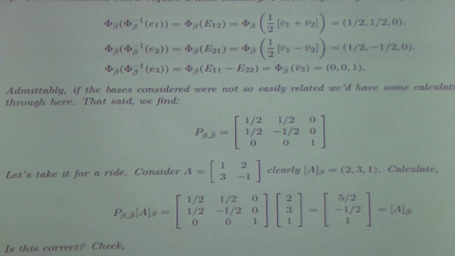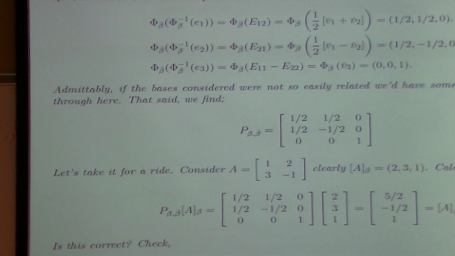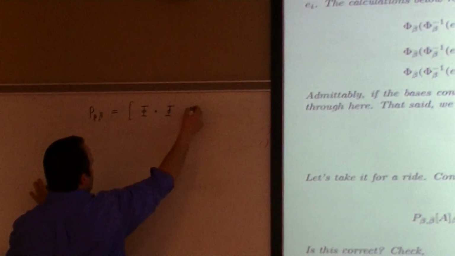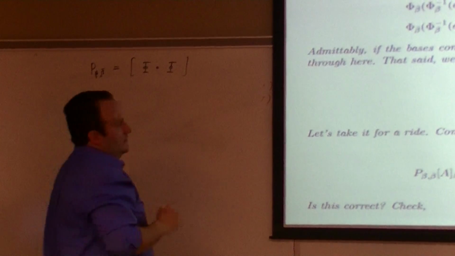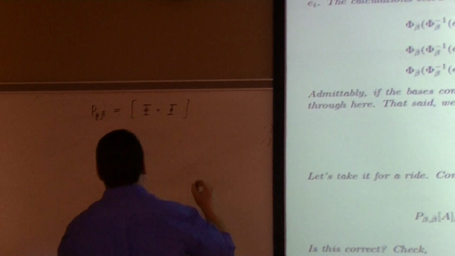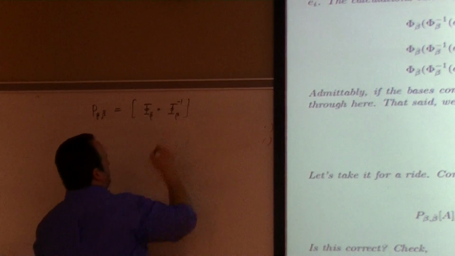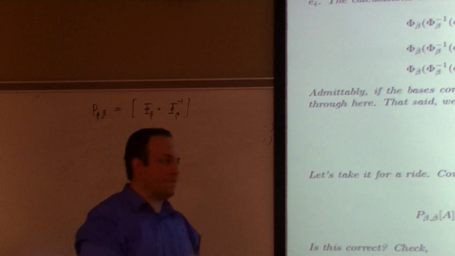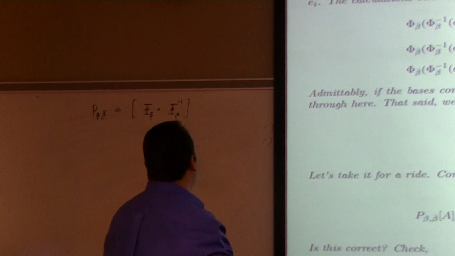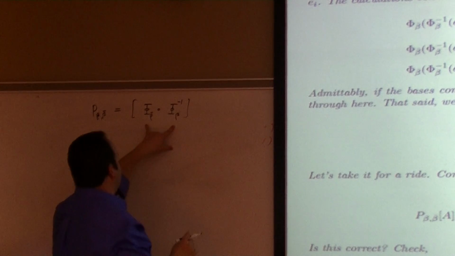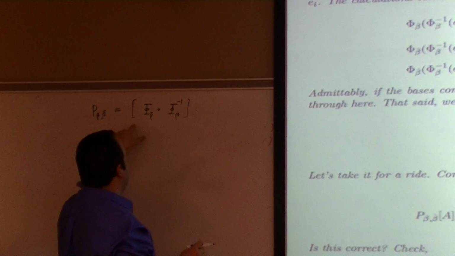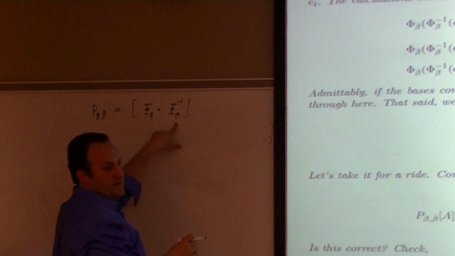So P beta bar was equal to what? The matrix of what? Phi beta bar composed with phi beta inverse, all right? So if I want to figure out, this itself is the reason it's reasonable to write this, I'm saying the standard matrix of this.